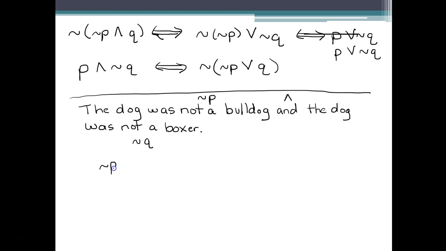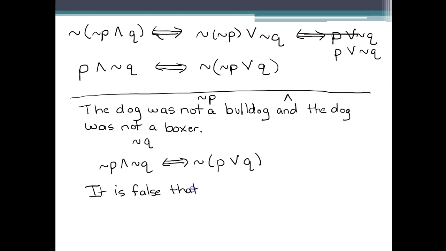So by De Morgan's laws, I want to find something logically equivalent to this. I can factor out the negation, change the not P to P, change the "and" to "or", change the not Q to Q. So I could say, it is false that, or it is not true that, P or Q. The dog was a bulldog, or the dog was a boxer.